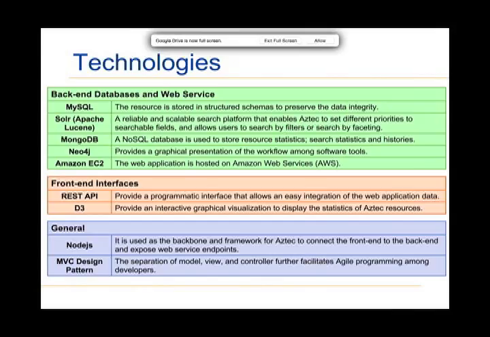And we hope to incorporate Neo4j to map the relationships between all tools, including the upstream and downstream tools, as well as the versions of the tool. And in general, we're using Node.js with a model view controller design pattern to create our web application.